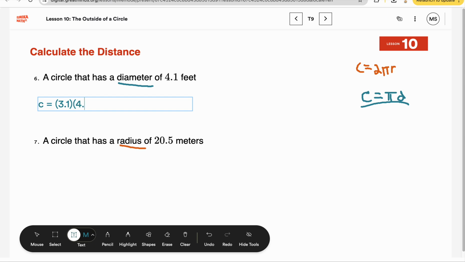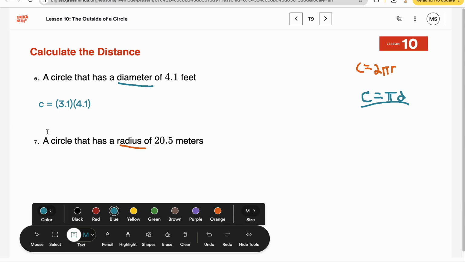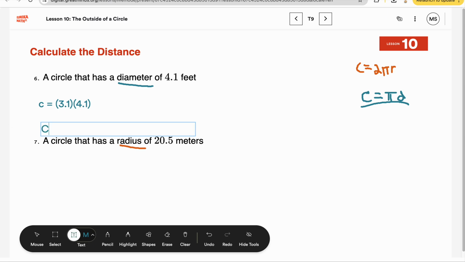The diameter in this case is 4.1. And then it's just a multiplication problem. You're just multiplying these two numbers together. So what is 3.1 times 4.1? The circumference is equal to 12.71. And in this case, we're talking about feet. So the circumference would be equal to 12.71 feet.